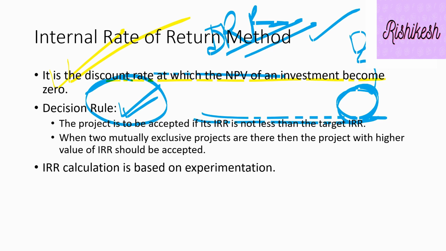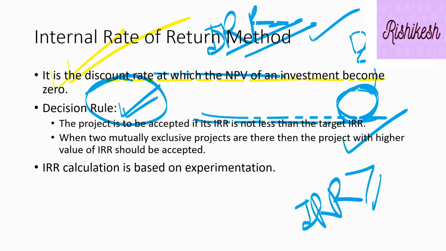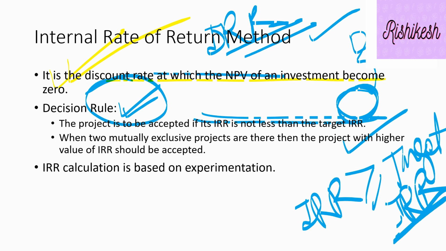The decision rule says that the project is to be accepted if its IRR is not less than the target IRR. It means the IRR that you have got should be greater than or equal to the target IRR. If it is greater, then the project is to be accepted.